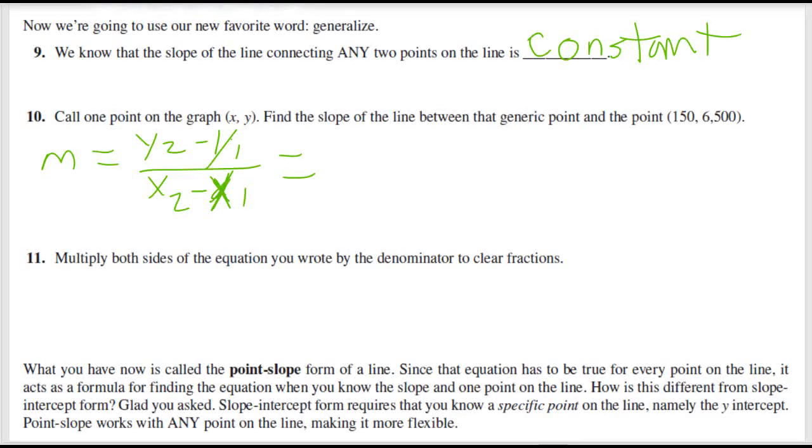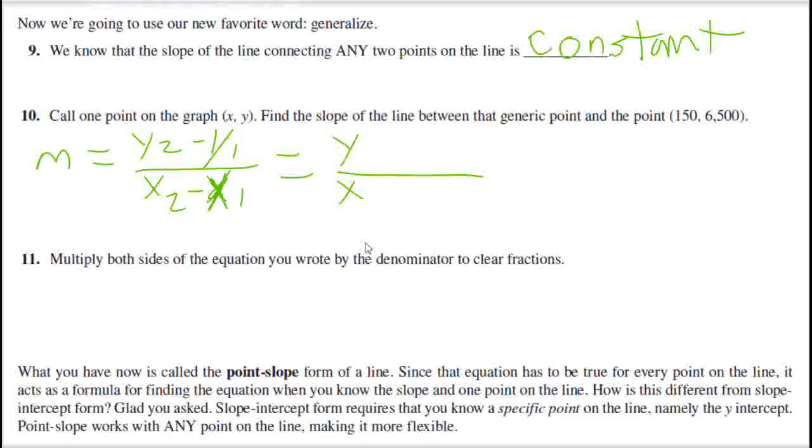And to do that, I'm going to say y is my y2, x is my x2, so x and y are my second point. I'm going to make my first point 6,500, and my x1 is going to be then 150 people.